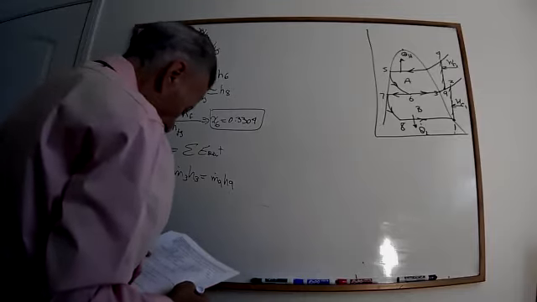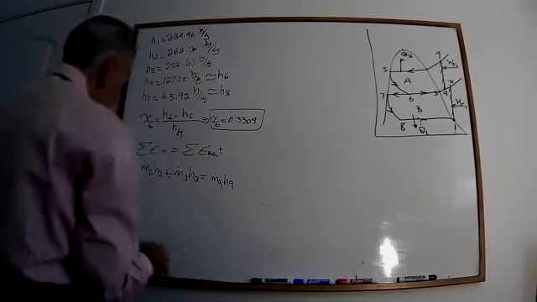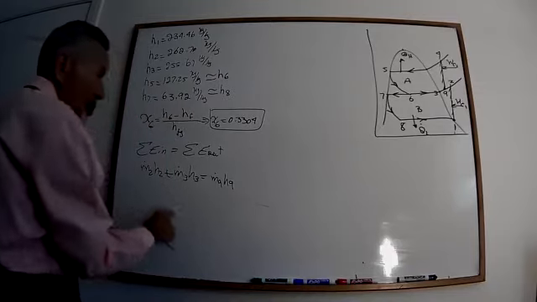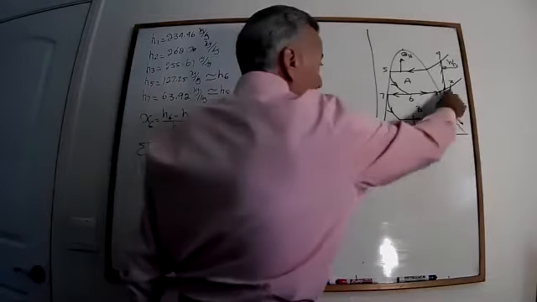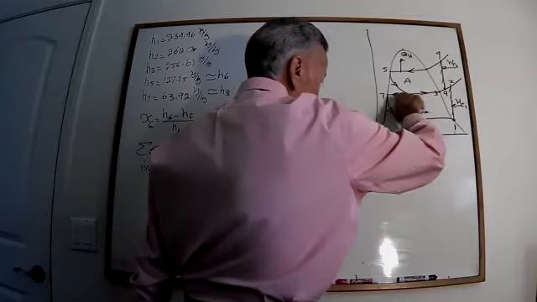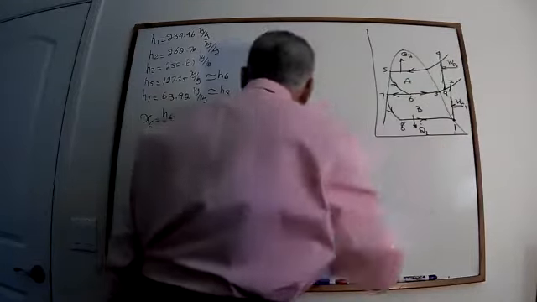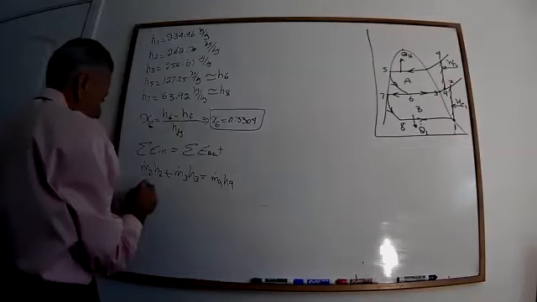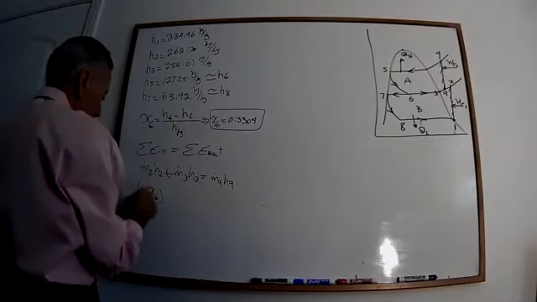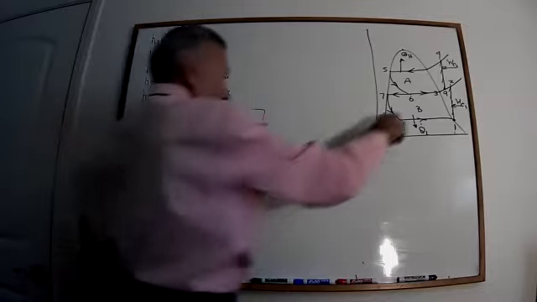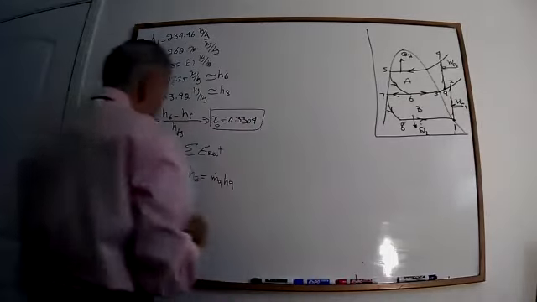Now, at point 2, if this is going to be X, and this is going to be 1 minus X, so that would be (1 minus X6) times H2 plus 0.3 is the X that's going that direction.